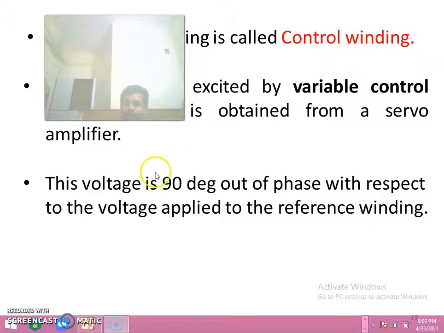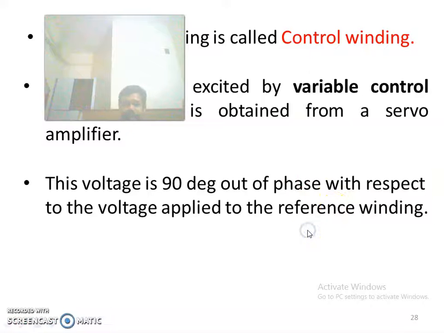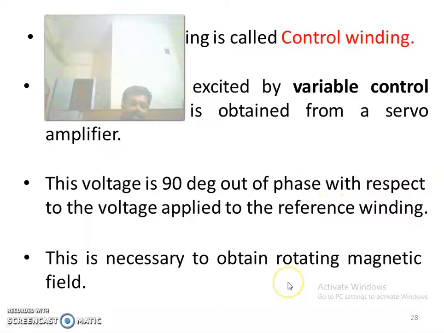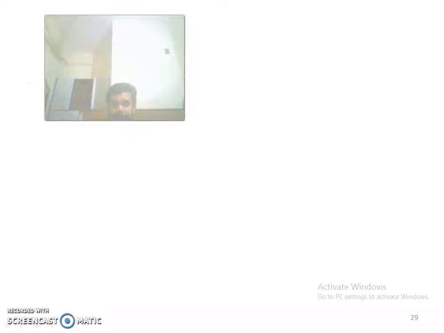This is necessary to obtain a rotating magnetic field. In order to get the rotating magnetic field, we are making the voltage in the control winding 90 degrees out of phase with the reference winding.